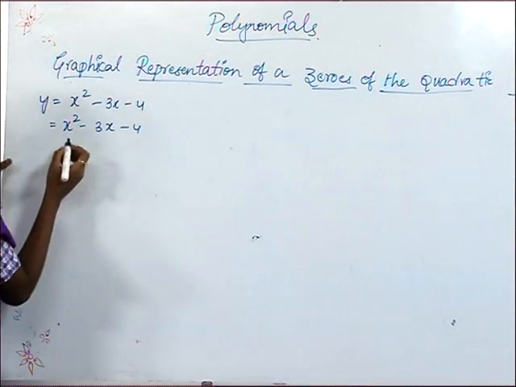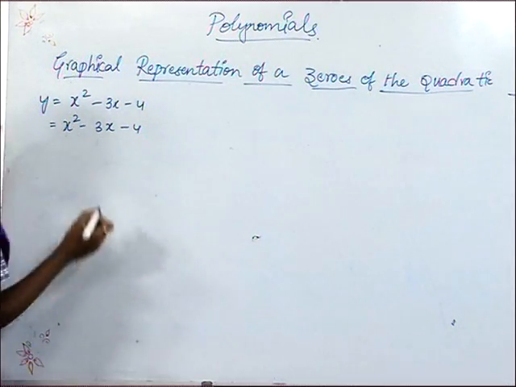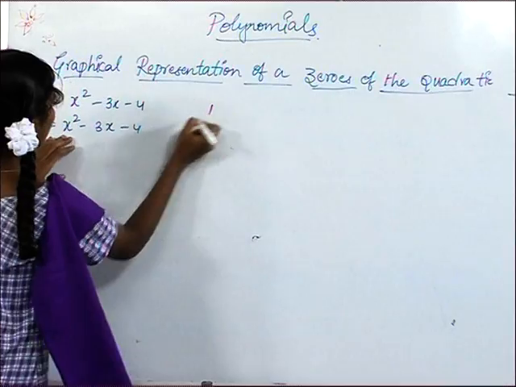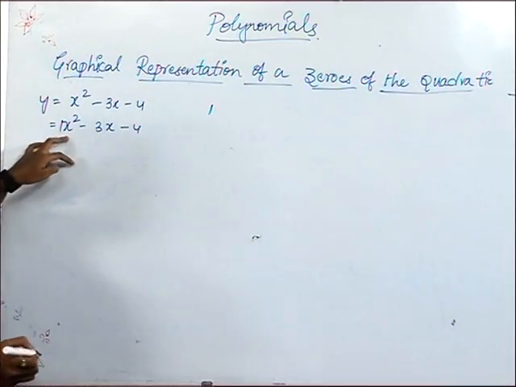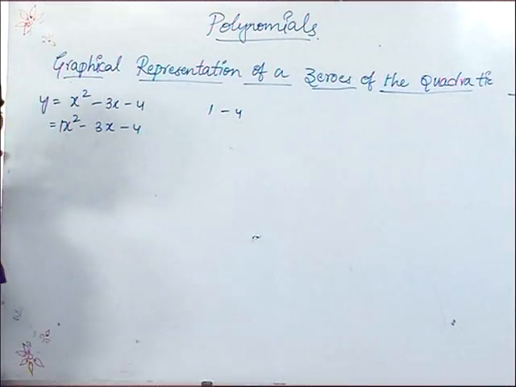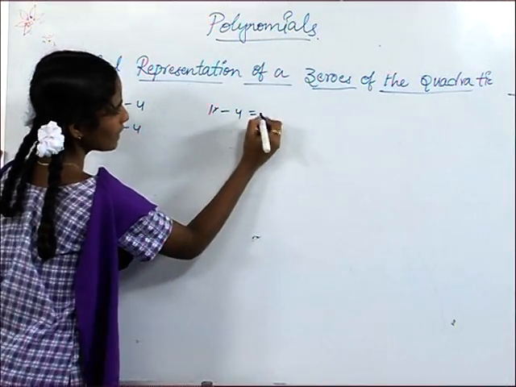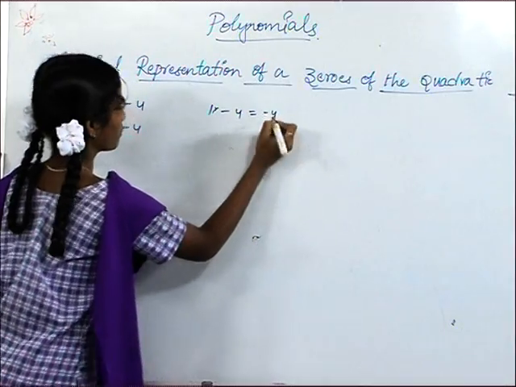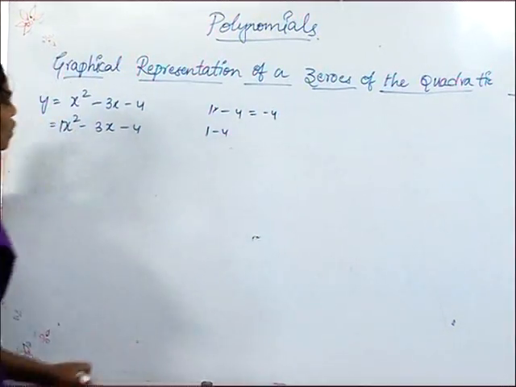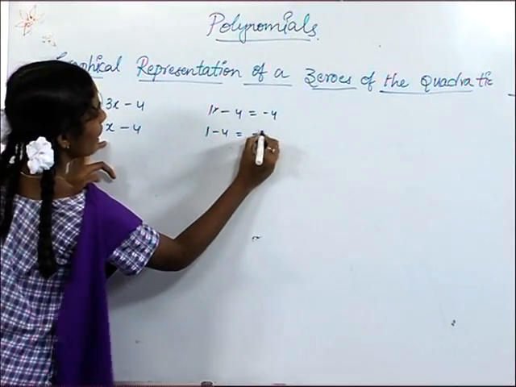Friends, here if we see this equation, the x square coefficient is 1. Here minus 4 is a constant. So 1 into minus 4 will become minus 4. By adding 1 and minus 4, we will get minus 3.